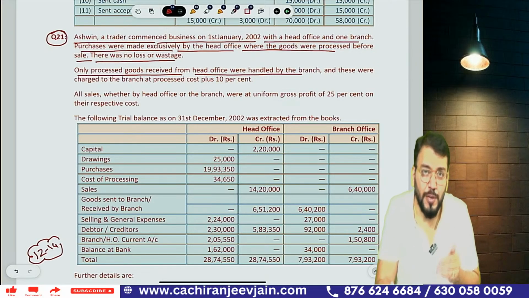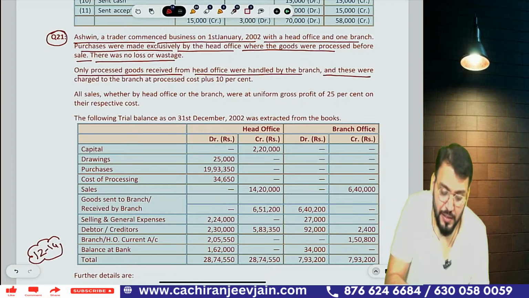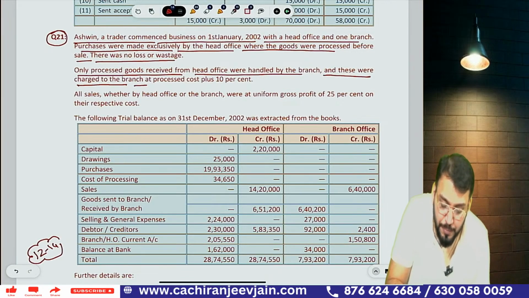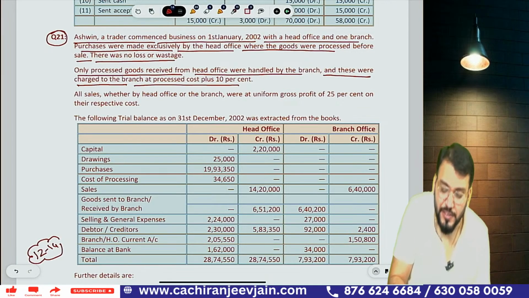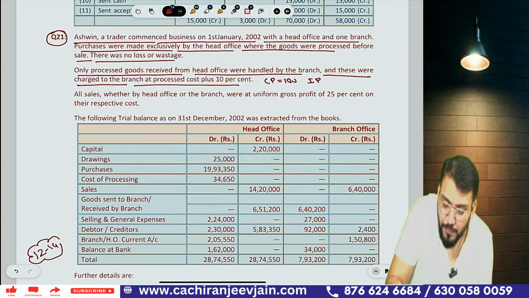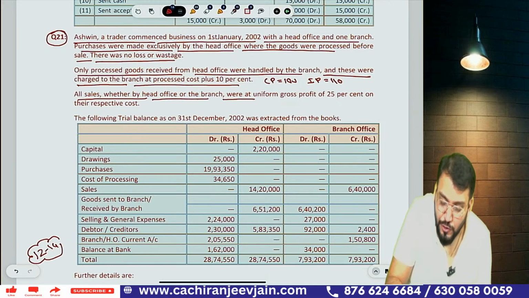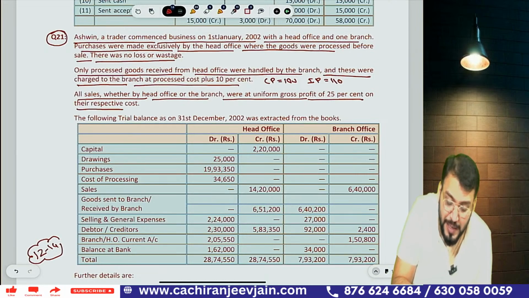Whatever goods are produced by head office are sent to the branch, charged to the branch at process cost plus 10%, that is, at invoice price. So if the cost price is 100, the invoice price becomes 110. All sales, whether by head office or the branch, were at a uniform GP of 25% on their respective cost.